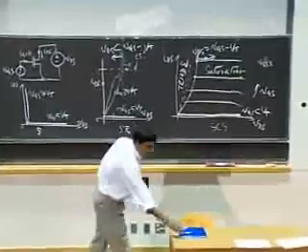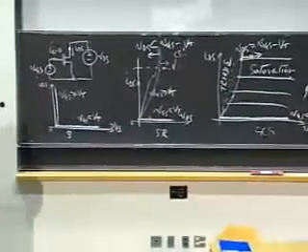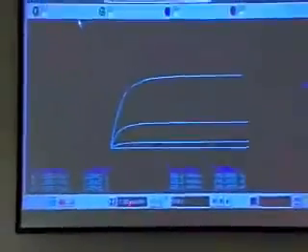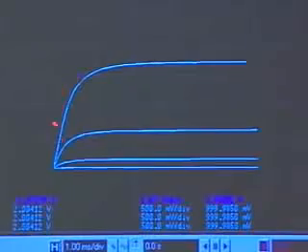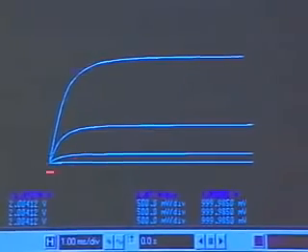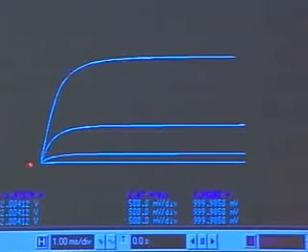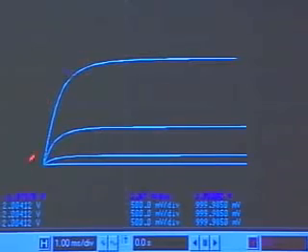Let me stare at those curves with you for a few seconds and walk you through them. So what do I have here? One of these curves corresponds to a given value of VGS. This may be VGS equals 2 volts. This is VDS, the drain to source voltage, and this is the current. So focus on this curve for now.